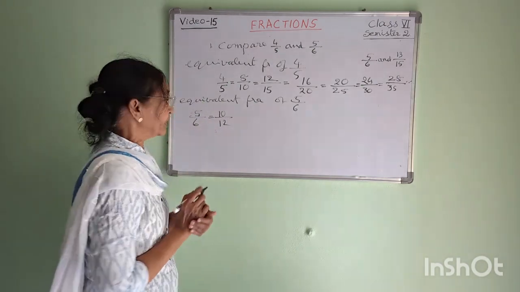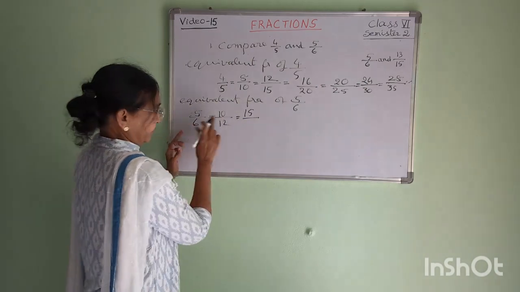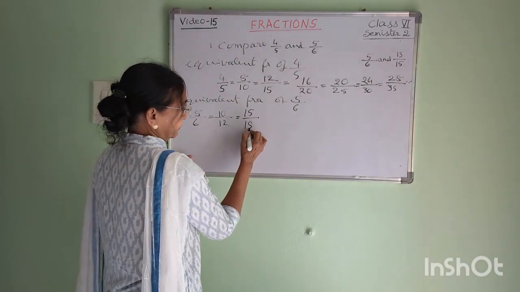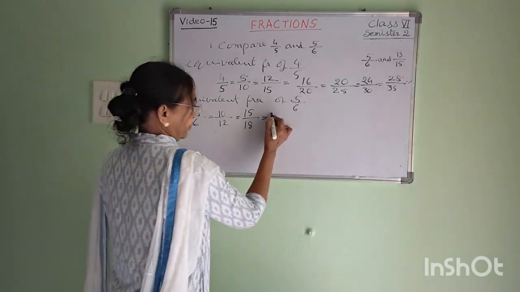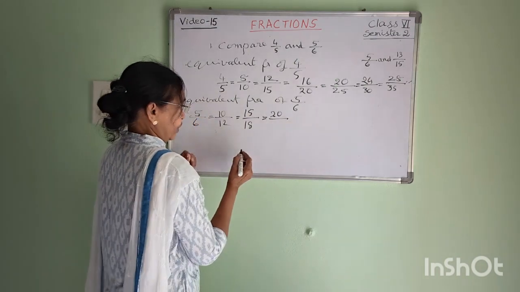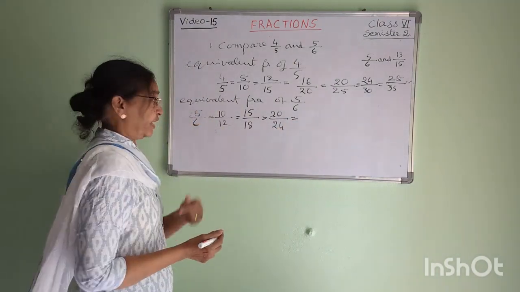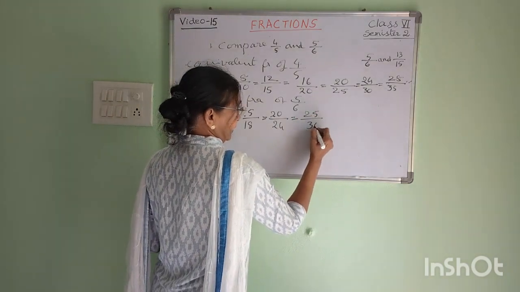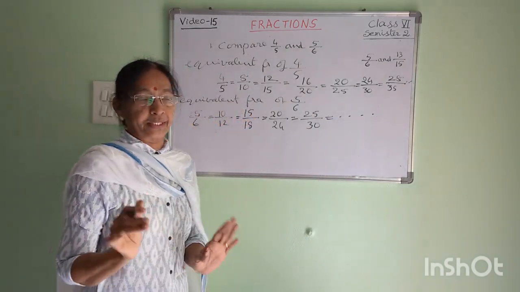Next multiplying by 3, 5 3s are 15, 6 3s are 18. Next multiplying by 4, 4 5s are 20, 4 6s are 24. Next multiplying by 5, 5 5s are 25, 5 6s are 30, etc. We can write any number.